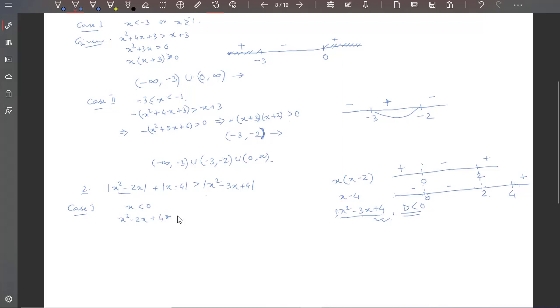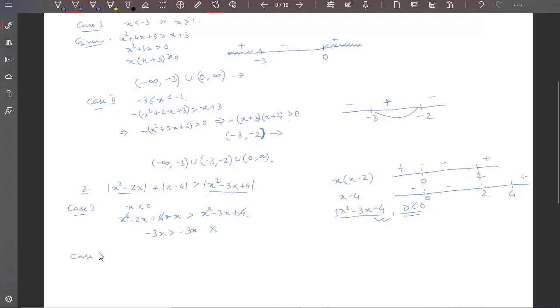It is always a positive sign, so x square minus 3x plus 4 modulus will be removed. Minus 3x is greater than minus 3x. It is not possible.